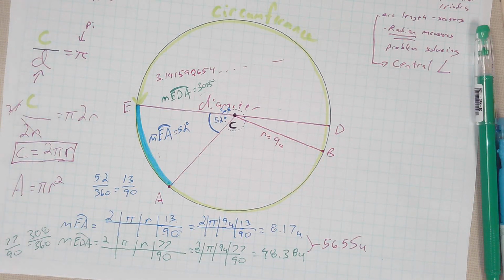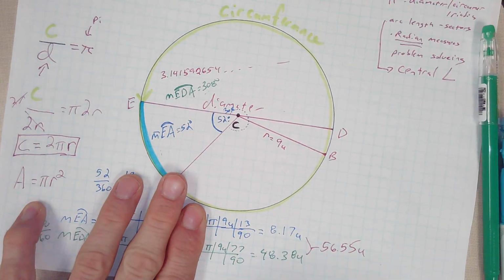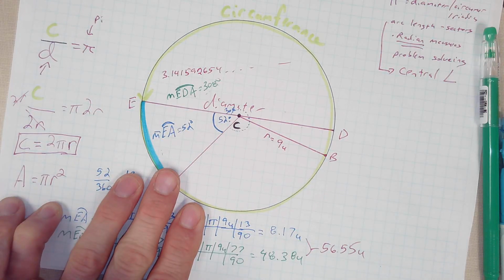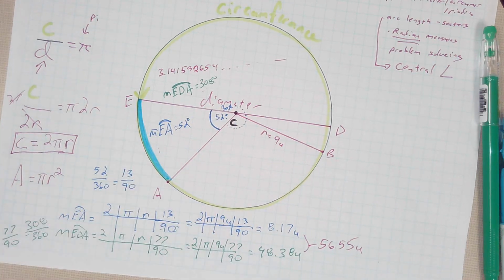The only difference in area is that you would take the 2 away, and the 9 would be squared because you're using the area equation instead. The concept is exactly the same.